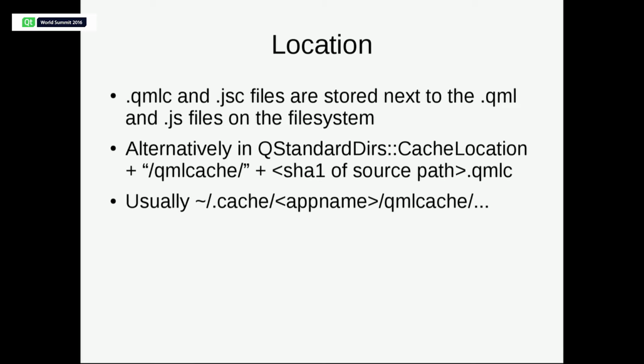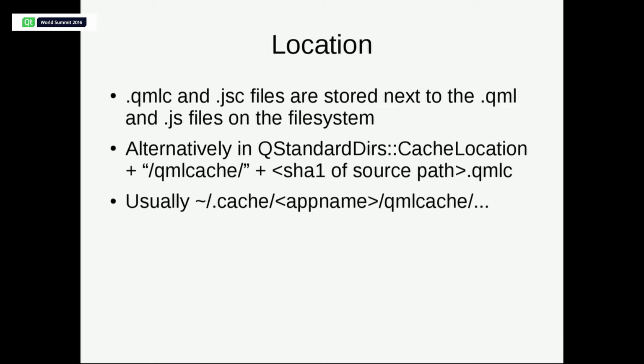In that scenario, we go away from sharing, and we'll go into a directory that is private to the application. On a Linux system, we'll end up in a .cache directory in your home, then the application name, then a QML cache directory, and then a bunch of files, which are the result of concatenating the original source path into a SHA-1. That gives a unique file name.